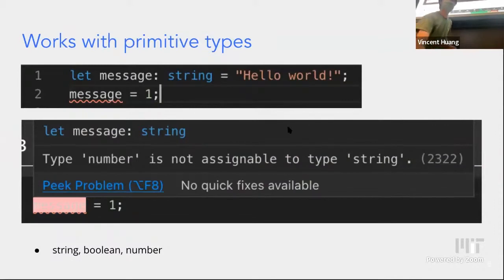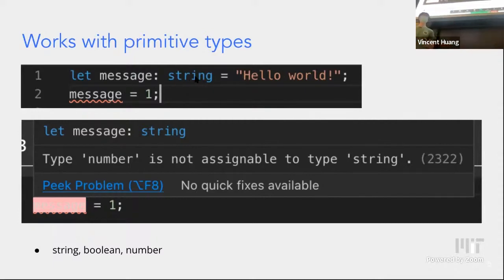All right, so now let's talk about how we actually use TypeScript. So here's the syntax. I have a variable called message, and message just has hello world in it, right? And if I want to tell TypeScript what the type of message is, I just put a colon afterwards, and then I put string. And what that tells TypeScript is that the type of message is a string.